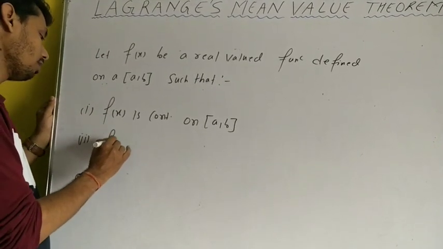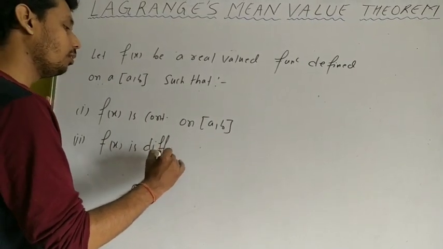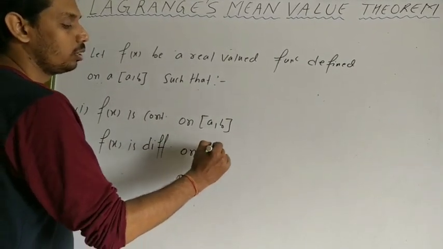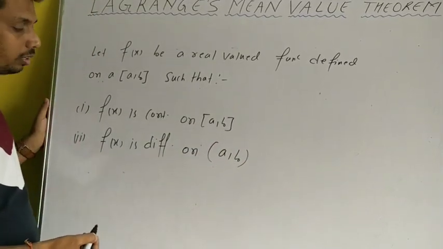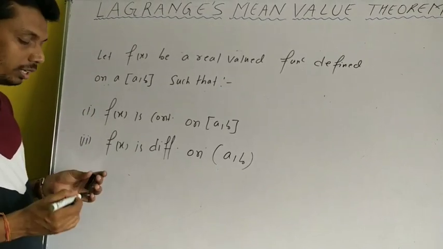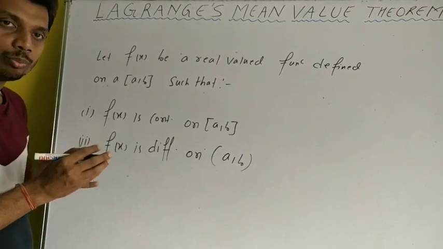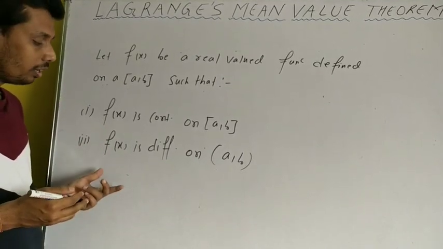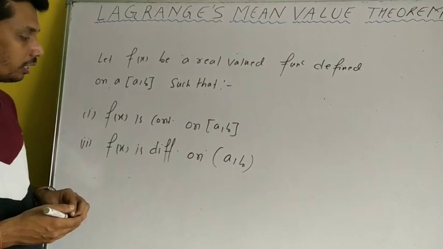Second, f(x) is differentiable on the open interval a comma b. These two conditions were the same in Rolle's theorem also. There the third condition was that f(a) and f(b) were equal to each other. Here no such condition is there. That is, here f(a) and f(b) are not equal to each other.